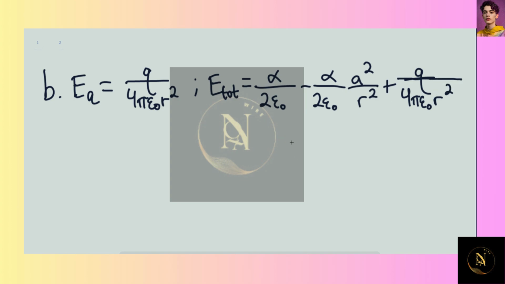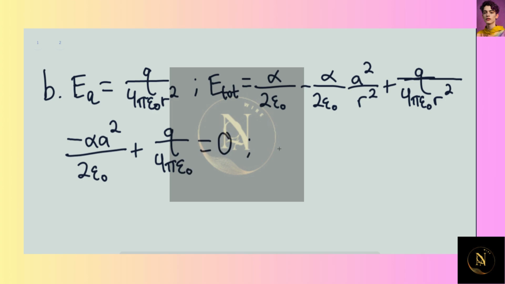And so for the total electric field to be constant, we have that negative alpha times a squared divided by 2 epsilon naught plus q over 4 pi epsilon naught must equal 0. And so the point charge q is equaling 2 pi times alpha a squared.